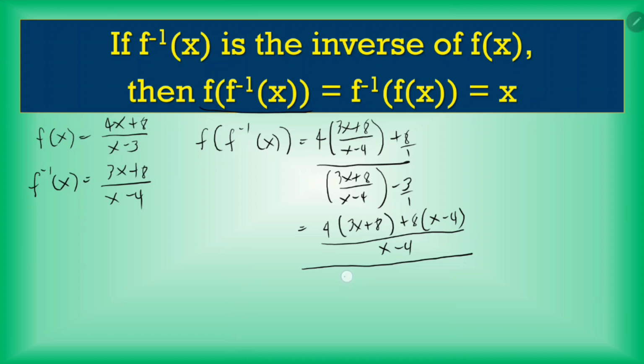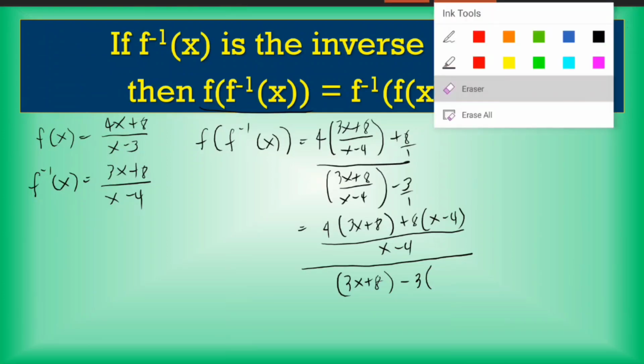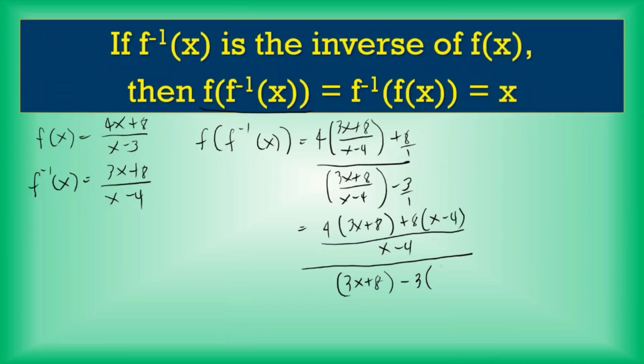Then, sa baba naman, we have 3x plus 8 minus 3 times x minus 4, all over x minus 4. So, kapag kasi nag-divide tayo ng fraction, magiging numerator to, i-reciprocate, maka-cancel din to. So, we now deal with these two.